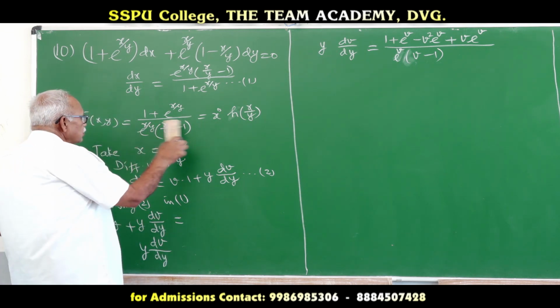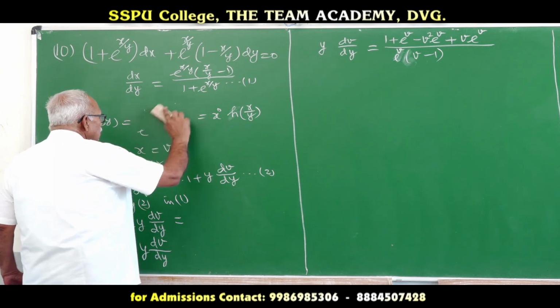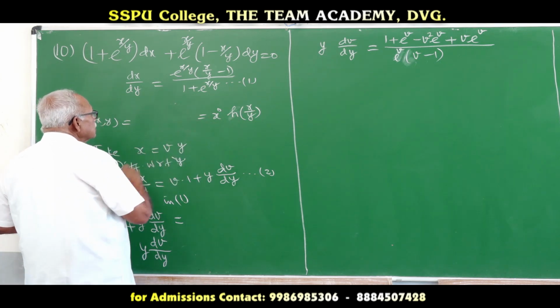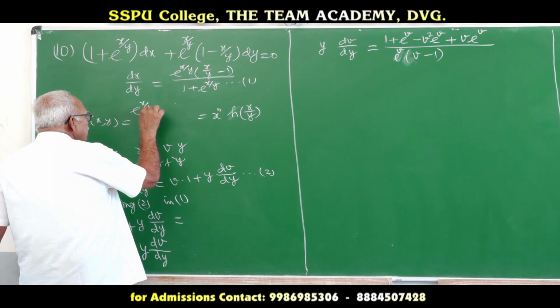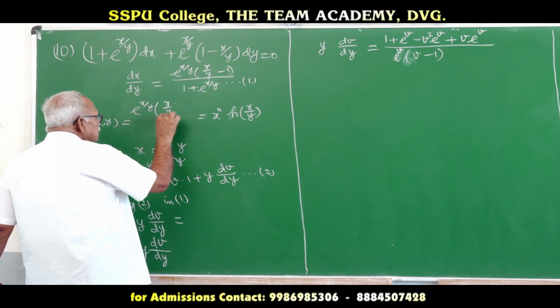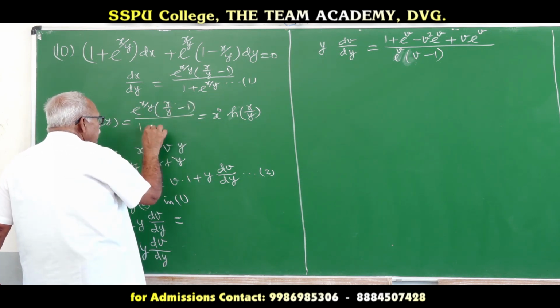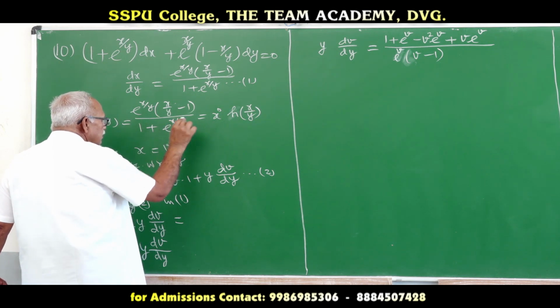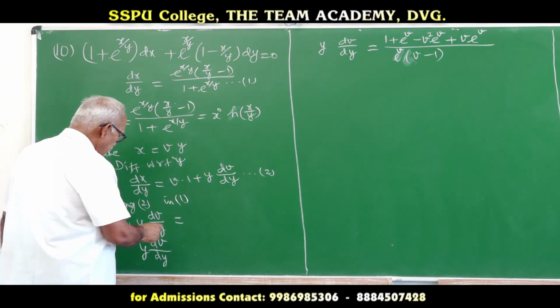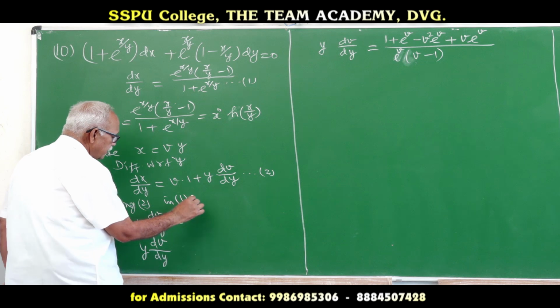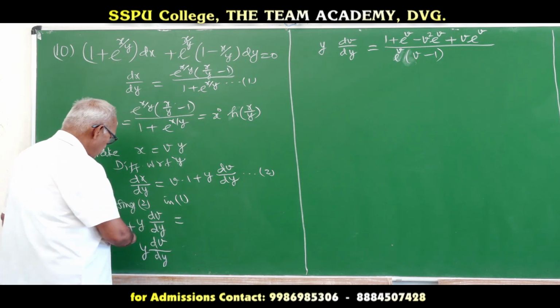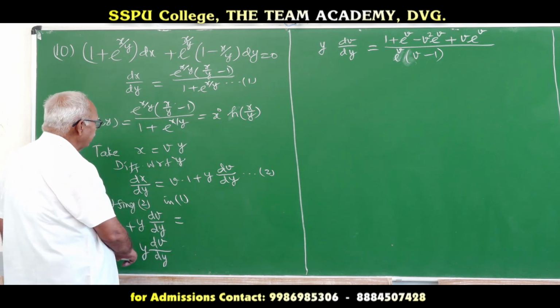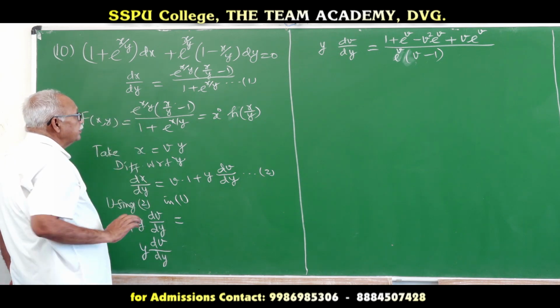Now, this will change like this, e power x by y minus 1 divided by 1 plus e power x by y. Now, here we get v plus y dv by dy equal to dx by dy. We have to substitute dx by dy.